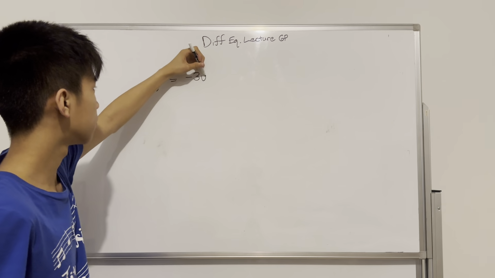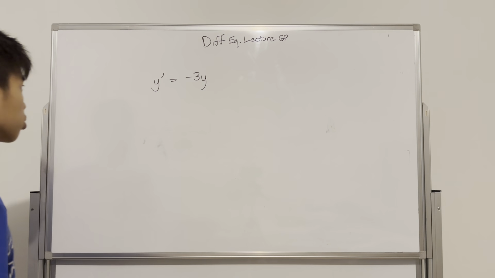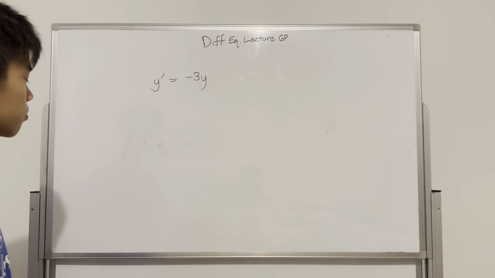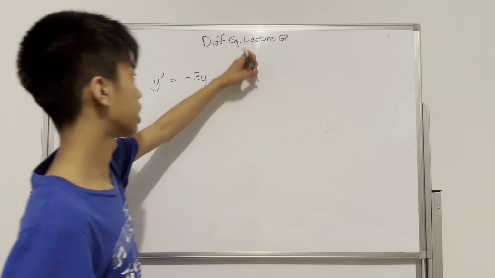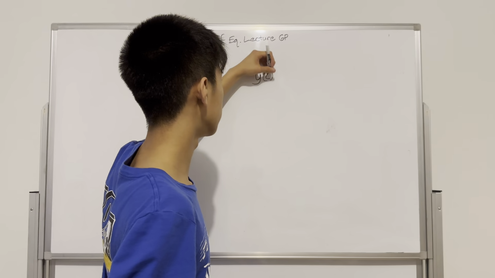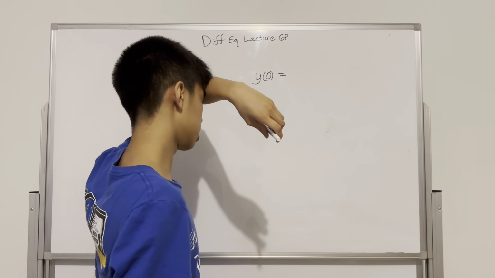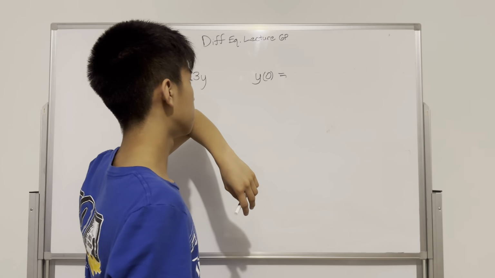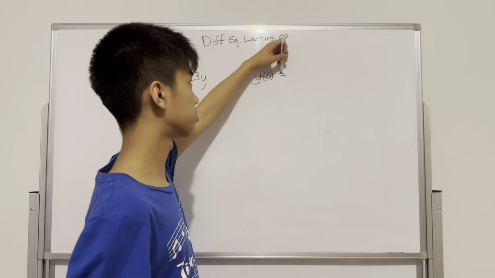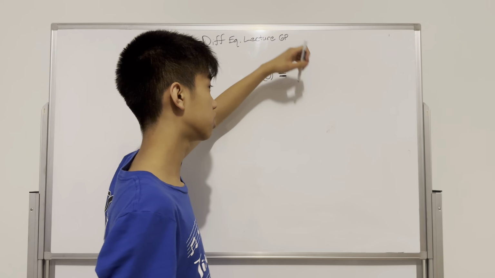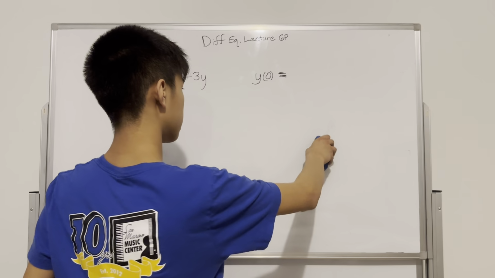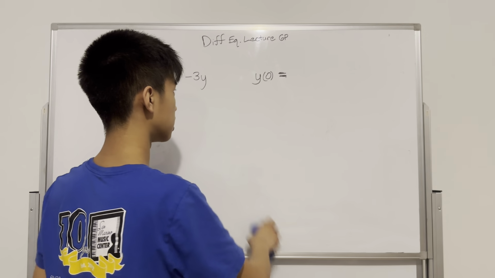So let's say we have y prime equals negative 3y. And then we can just say that this is like radiation, something radioactive decay. So it models uranium or something like that, and how fast it decays.